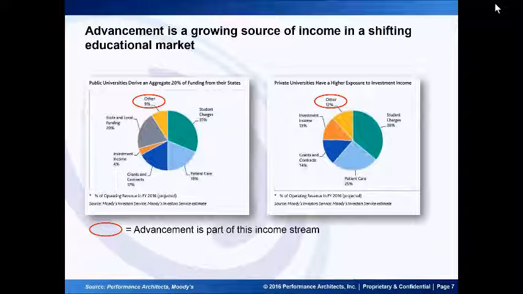So on the left-hand side of this chart, and this comes from a Moody's report covering the financial state of the higher education market, public universities, up until recently, had a huge percentage of their funding from state, local, and federal sources. That's evolving with performance-based funding. And so that enrollment model and that funding from those government sources is reduced.